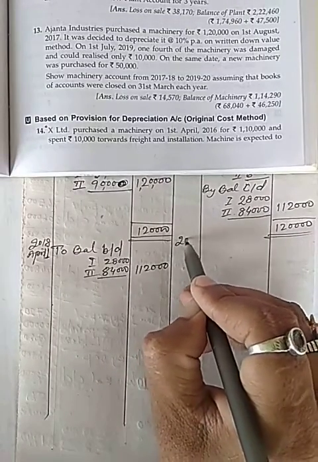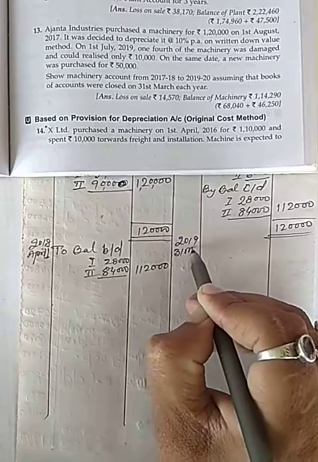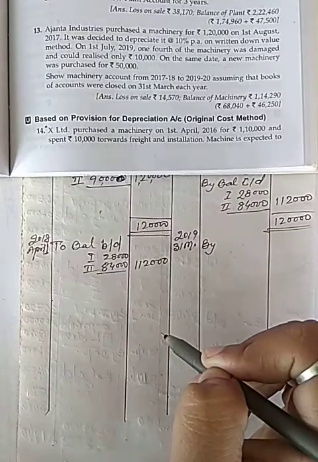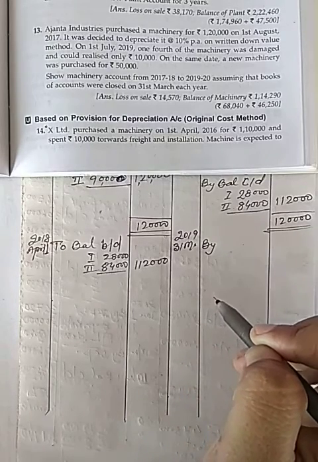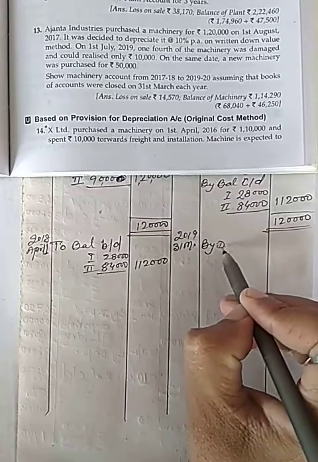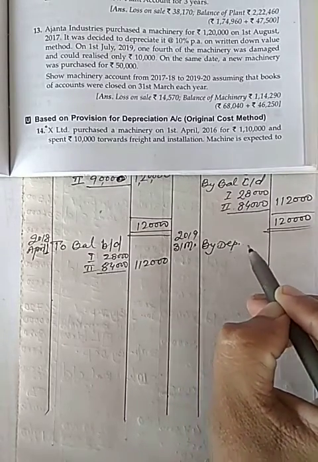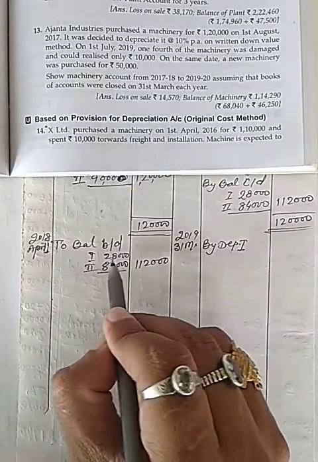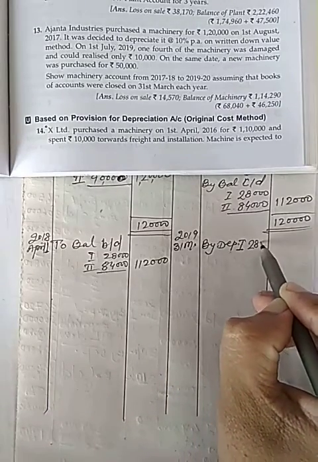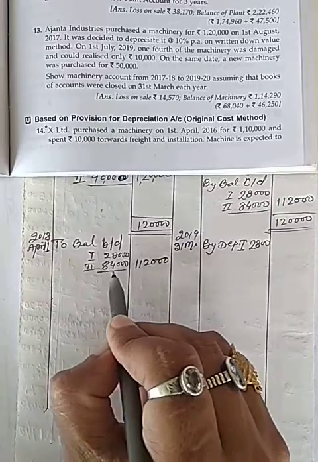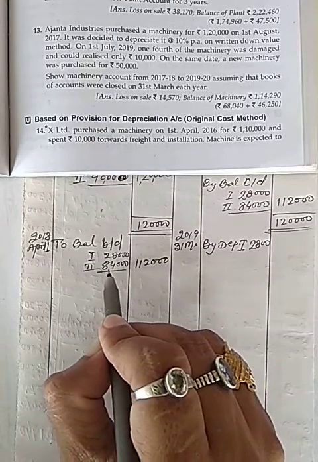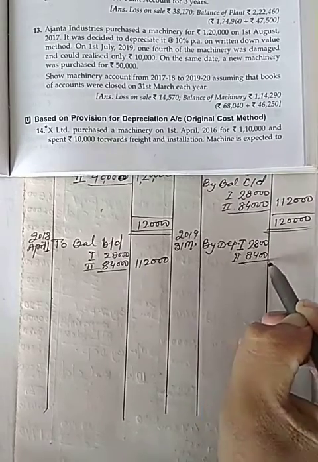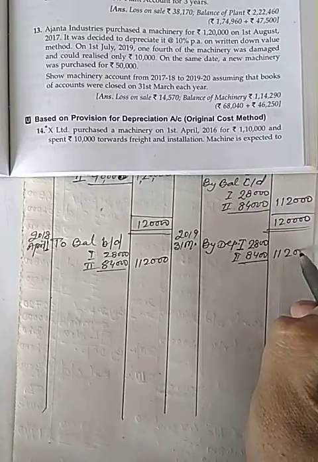Now in 2019, 31st March, again we will calculate depreciation. So on first part depreciation will be 10% of 28,000, and it will be 2,800, and on second part 10% of 84,000, so it will be 8,400, and total will be 11,200.